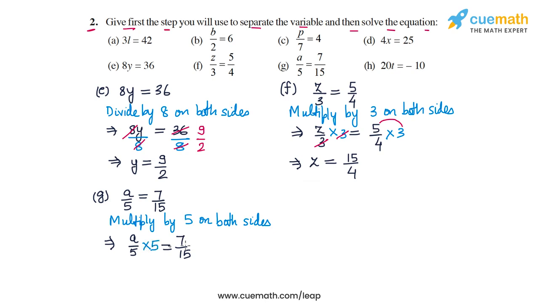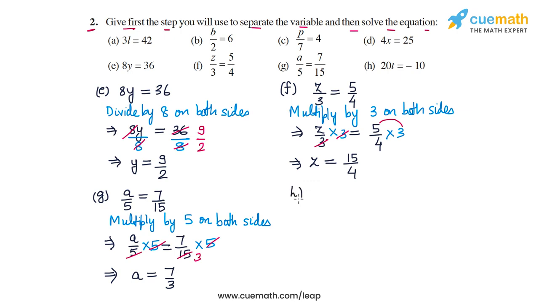So into 5 and into 5 on the RHS. Now on the LHS, these 5's cancel out, and 15 by 5 is 3. So we are left with A on the LHS and 7 by 3 on the RHS. So the solution in part G is A is equal to 7 by 3.